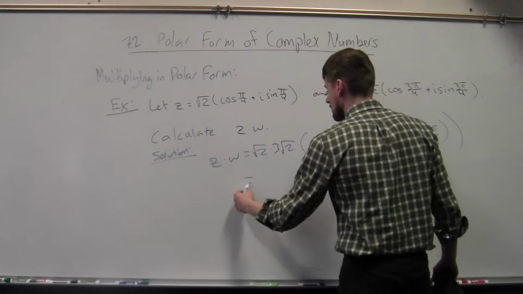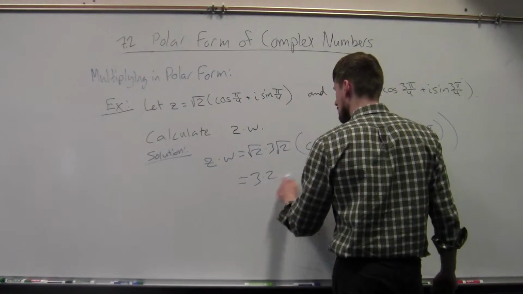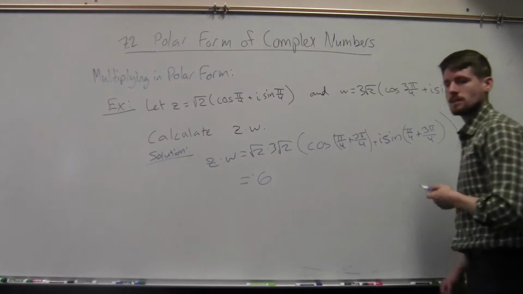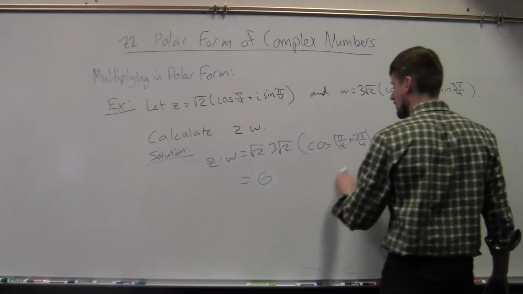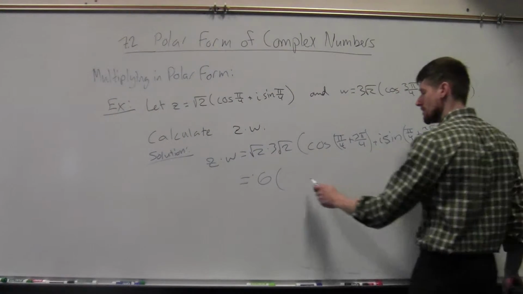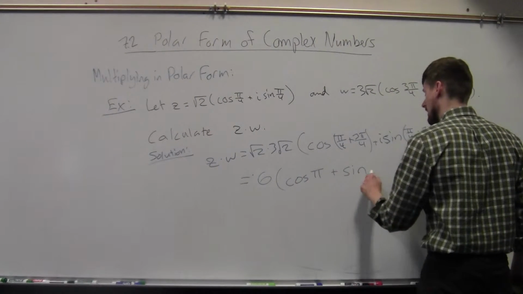See what we get. Well, root 2 times 3 root 2 is 3 times 2, which is 6. And then pi over 4 plus 3 pi over 4, you've got a quarter plus 3/4, which is a whole. So this is cosine of pi plus i sine pi.